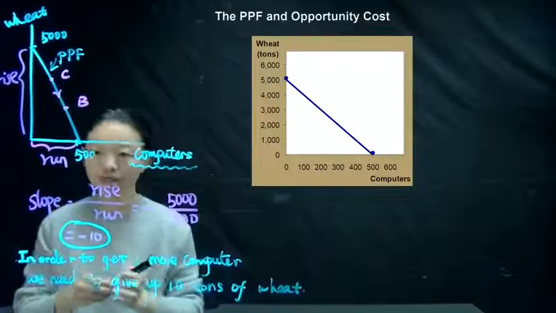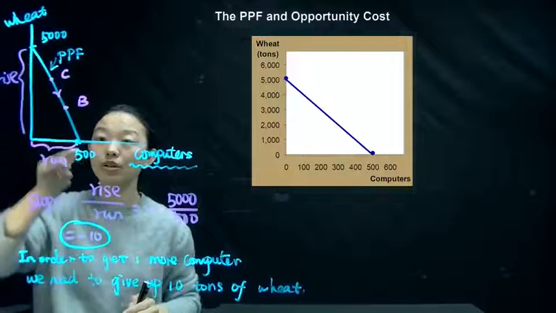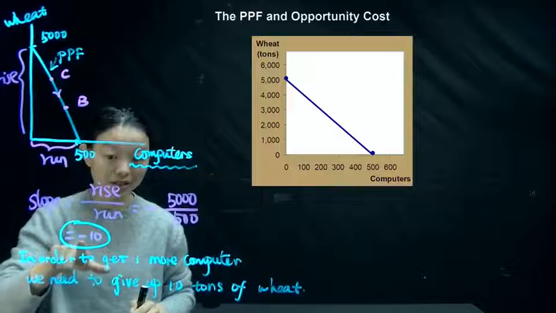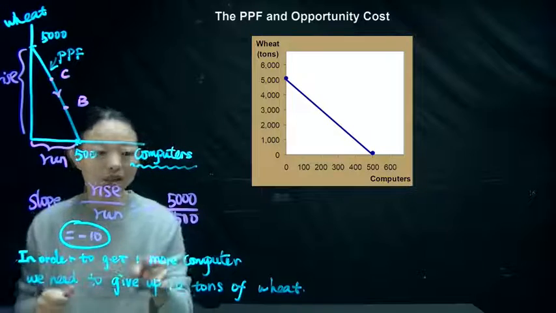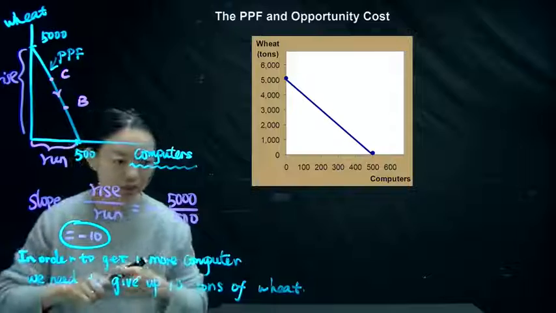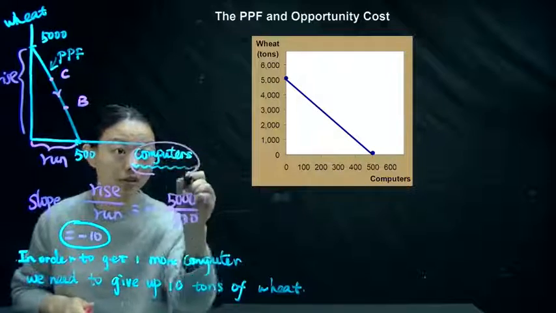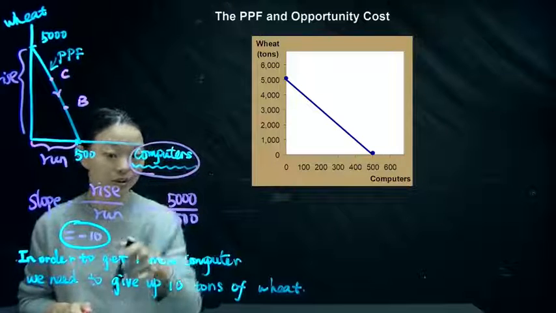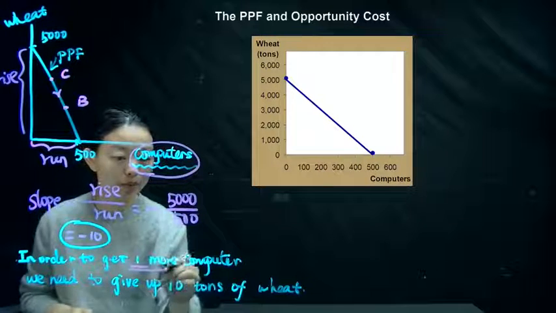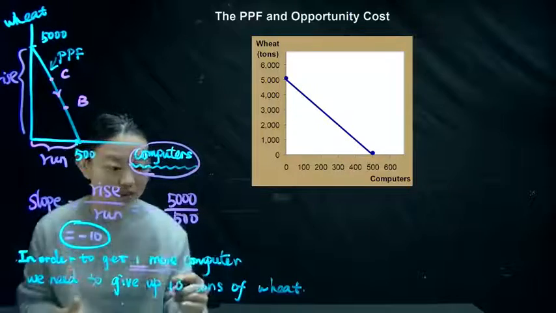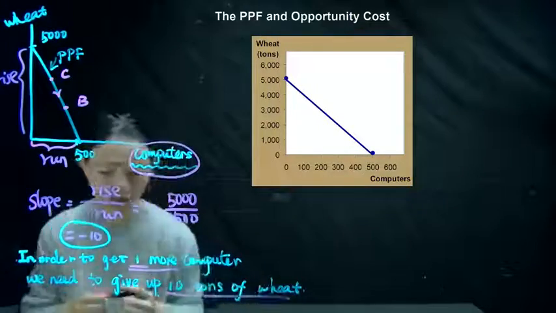Any sense or not here? The slope equals rise over run, so we use 5,000 divided by 500 and get negative 10. In order to get one more computer, and this is important, we have computers on the horizontal axis, so this will be the opportunity cost of a computer. We need to sacrifice 10 tons of wheat.